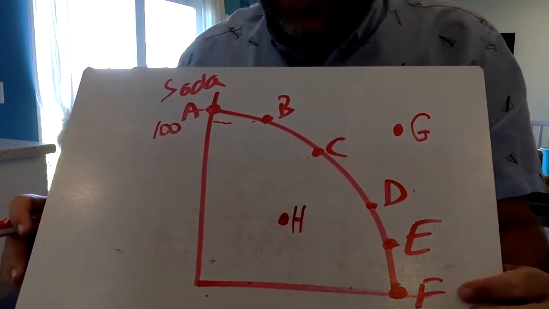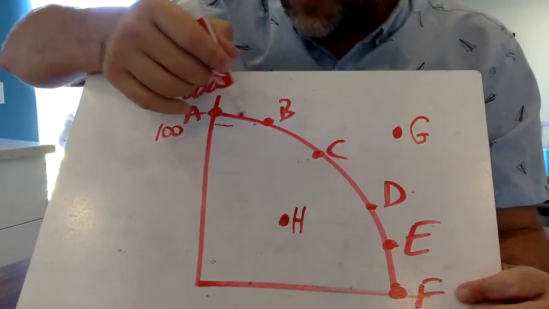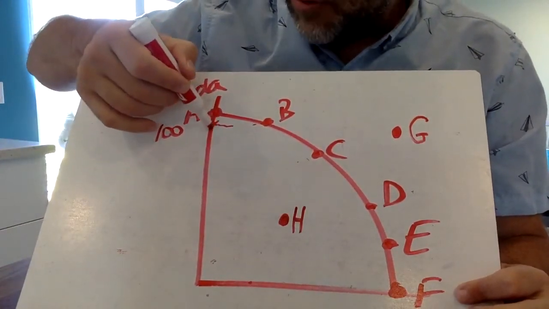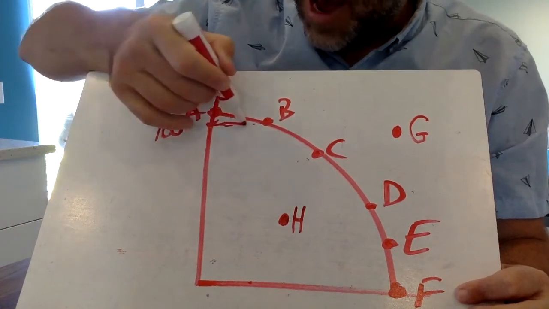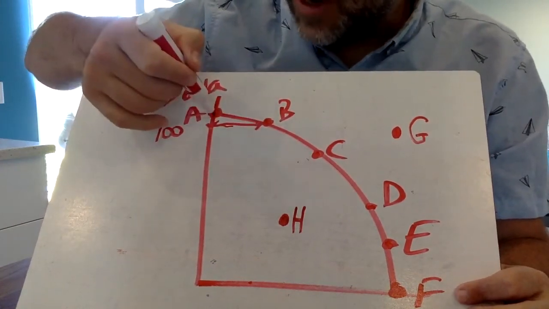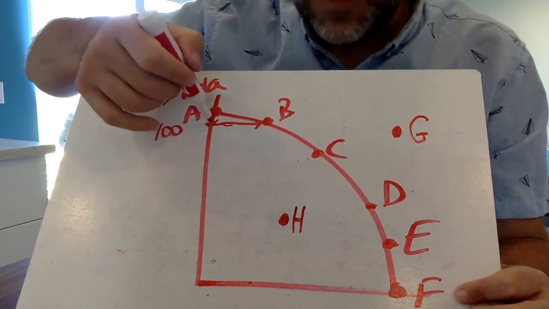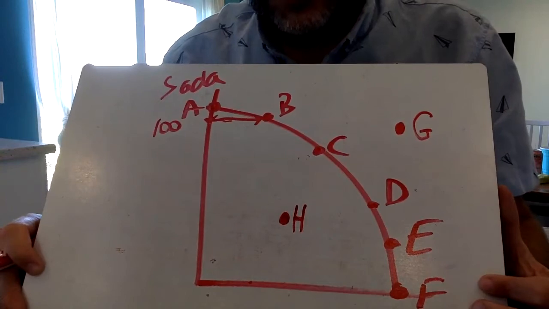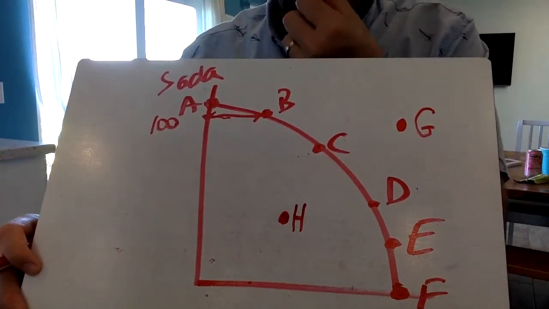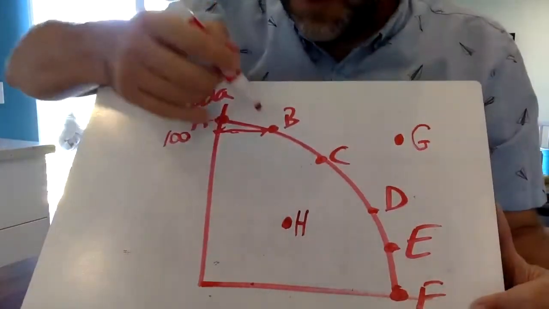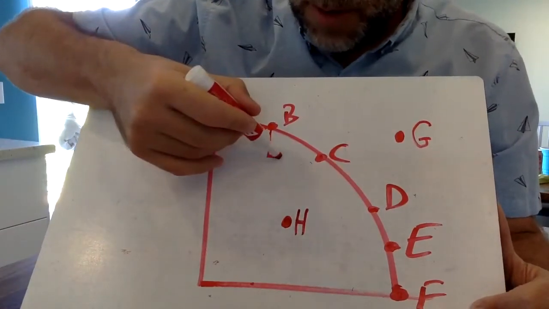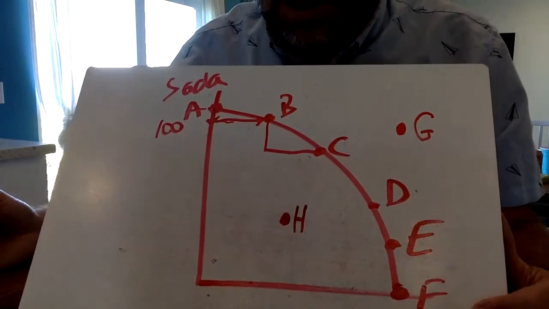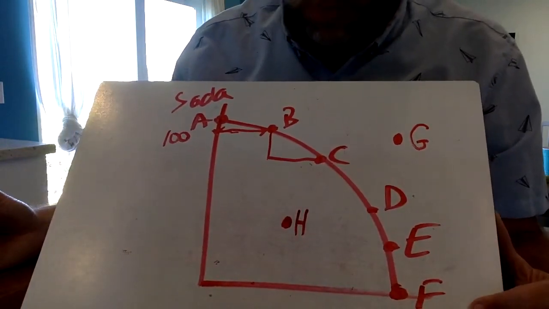But for opportunity cost, right, if I move from point A to point B, I'm going down my y-axis to go out my x. So I'm giving up, I don't know, maybe 10 liters of soda to get 100 cups. So that's my opportunity cost, that I gave up 10 liters of soda going from A to B. When I go from B to C, maybe I'm giving up 15, 20 liters of soda to gain another 100 cups.